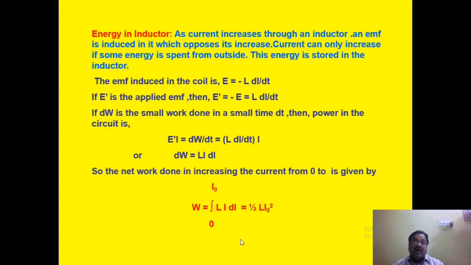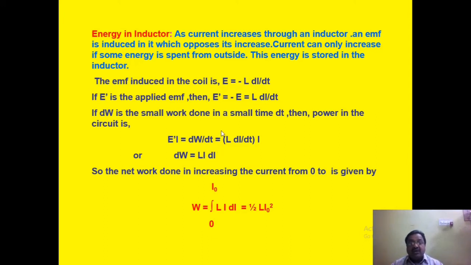Now let us find what will be the energy stored in an inductor. When current increases through an inductor, an EMF is induced in it, and that EMF opposes its increase. So we know that current can only increase if some energy is spent from outside.